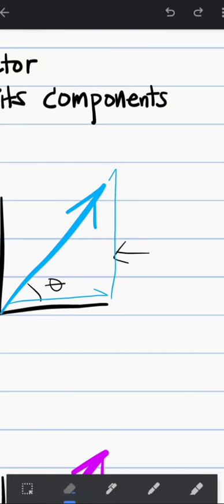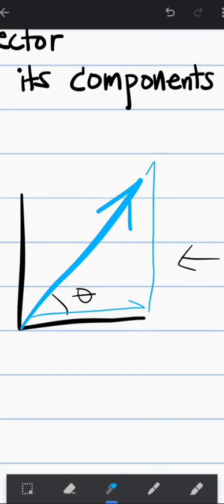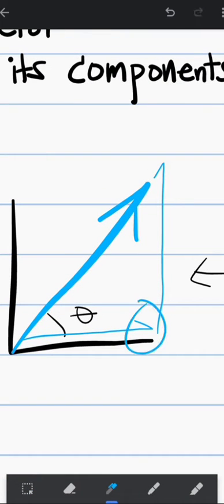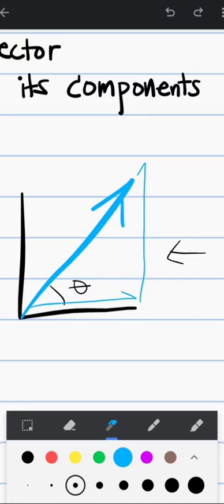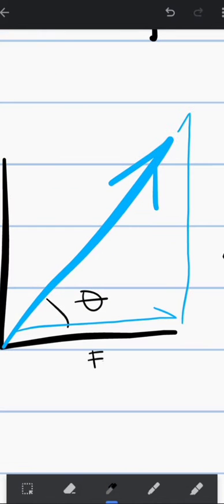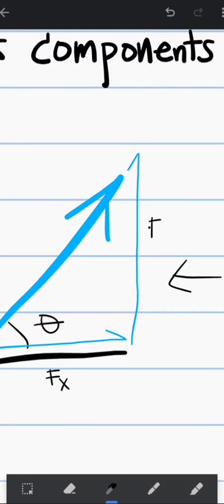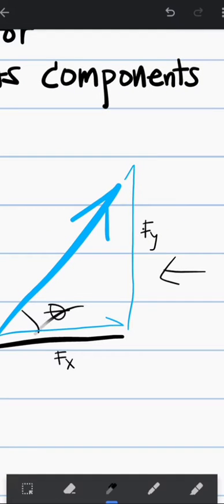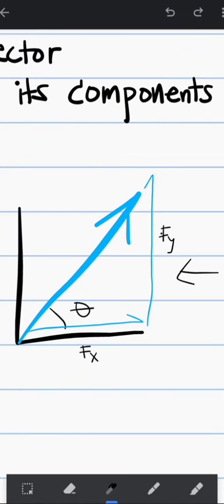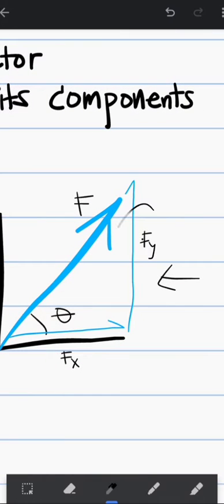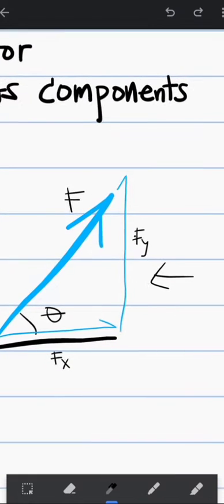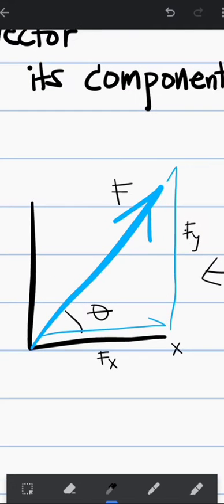Alright? We need the tip to tail. So tip to tail and then this tip to tail. And with that, we've formed the right triangle that represents this Fx, or the component of this force with respect to the x-axis, and this force with respect to the y-axis.